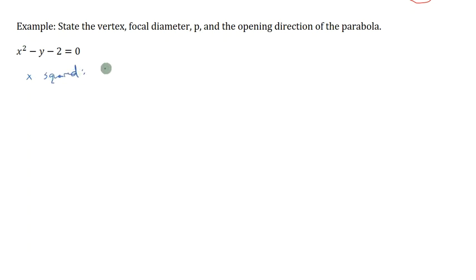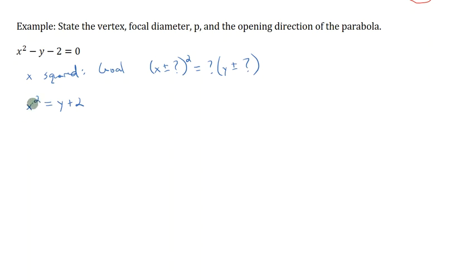This is not in standard form, so our goal is x squared by itself equals a number times the y that's not squared. So what we're going to do is get x squared by itself. I'll add y, I'll add 2, so I get x squared equals y plus 2. So we're close now. At least the squared part's by itself.